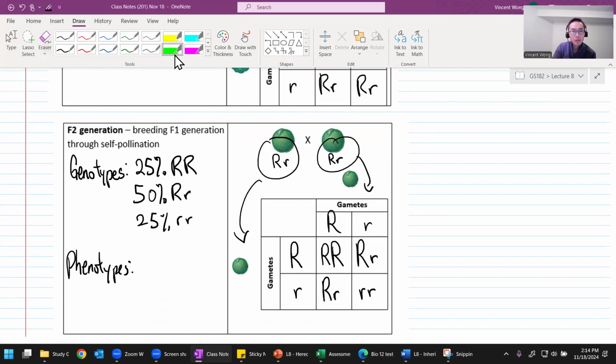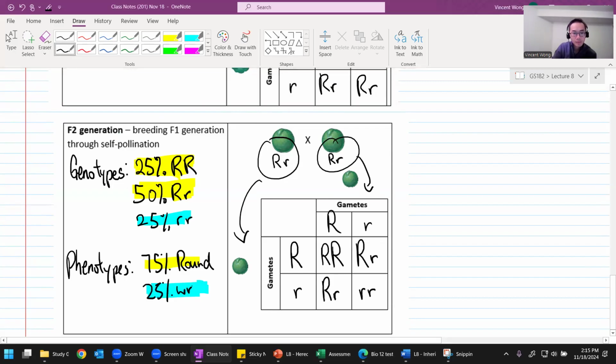Is that wrinkle or round? This is round, and this one is also round, because the big R, the capital letter, is the dominant trait, which always shows up. So if you add them together, it's a 75% chance it will produce a round seed, 25 plus 50. And then there's a 25% chance it will be wrinkle.